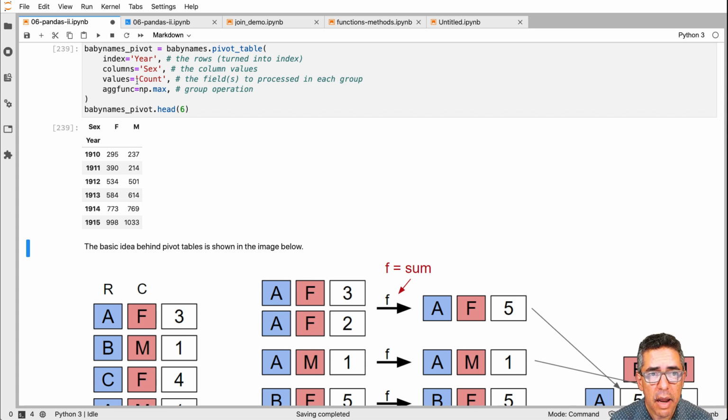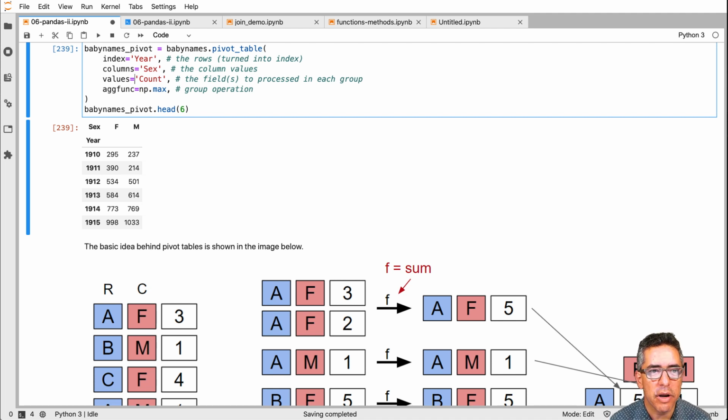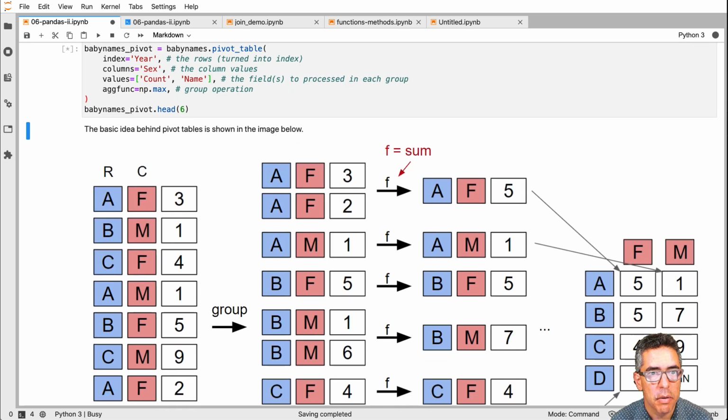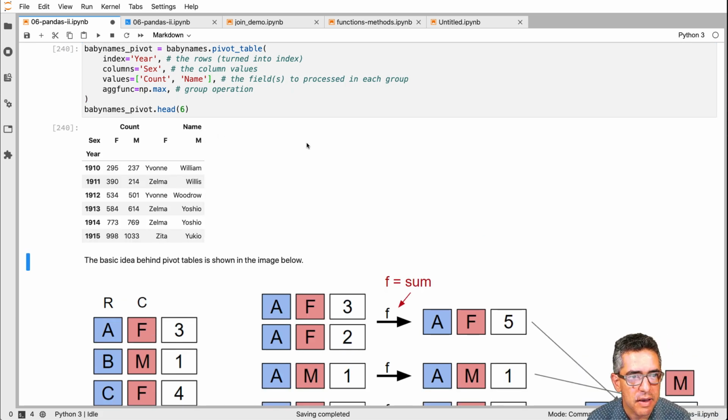Now we can actually keep more information than just the count. Let's say that we wanted to keep count, but also name. So in this case, what this is telling us is not only the count of the number of babies born, but also what was the most popular female and male name in that particular year.